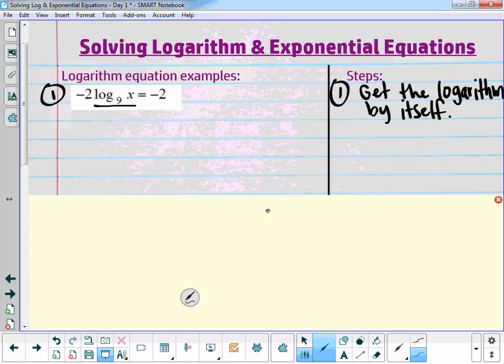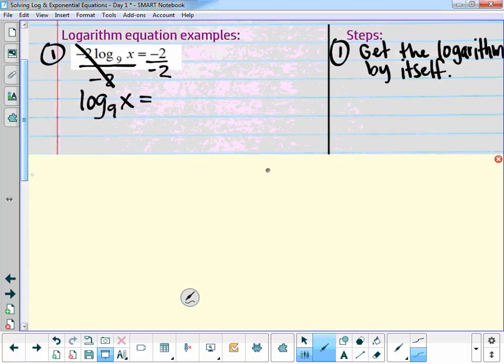Add it or divide it? Divide, right? So we're going to divide each side by -2, and that will get rid of the -2 in front. So then we'll have log base 9 of x equals, what is -2 divided by -2? +1.